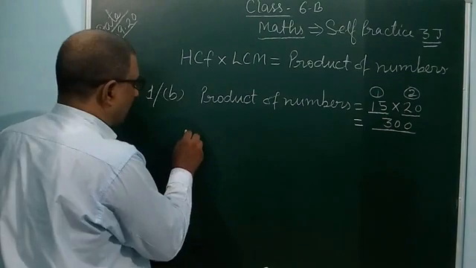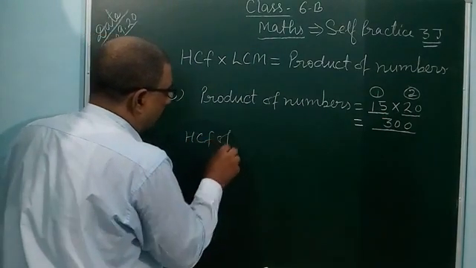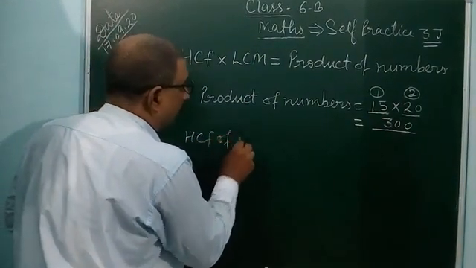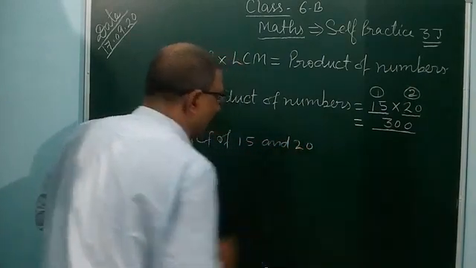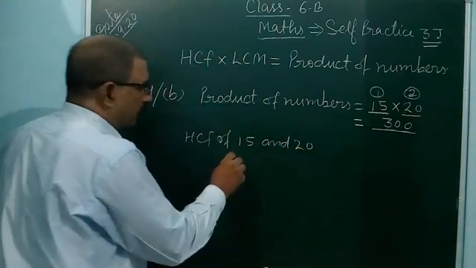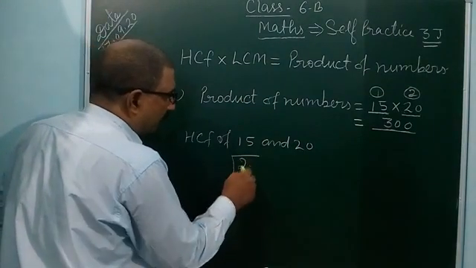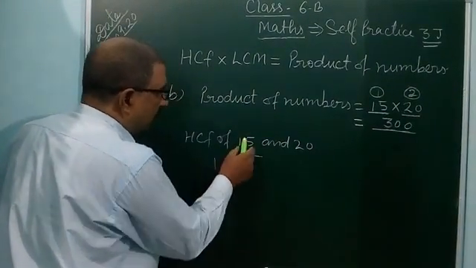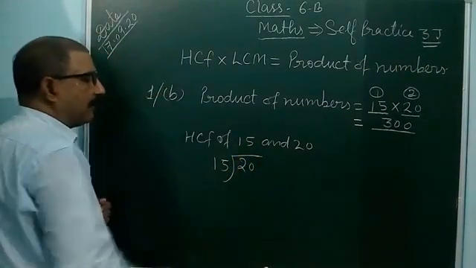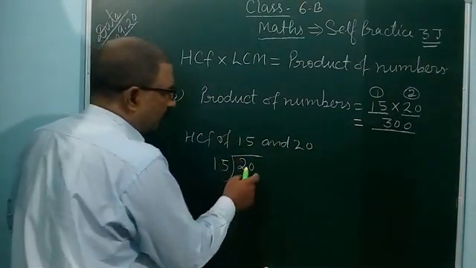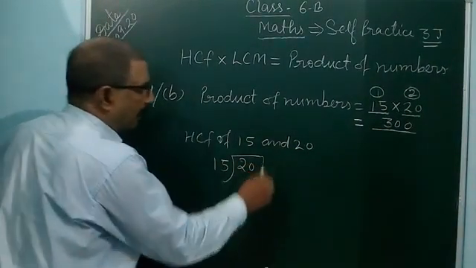So here you can find out the HCF of 15 and 20. You can use the division method, with 20 as the dividend, and by 15 you can divide this, because 20 is greater and 15 is less. So the greater number you put as the dividend and divide.